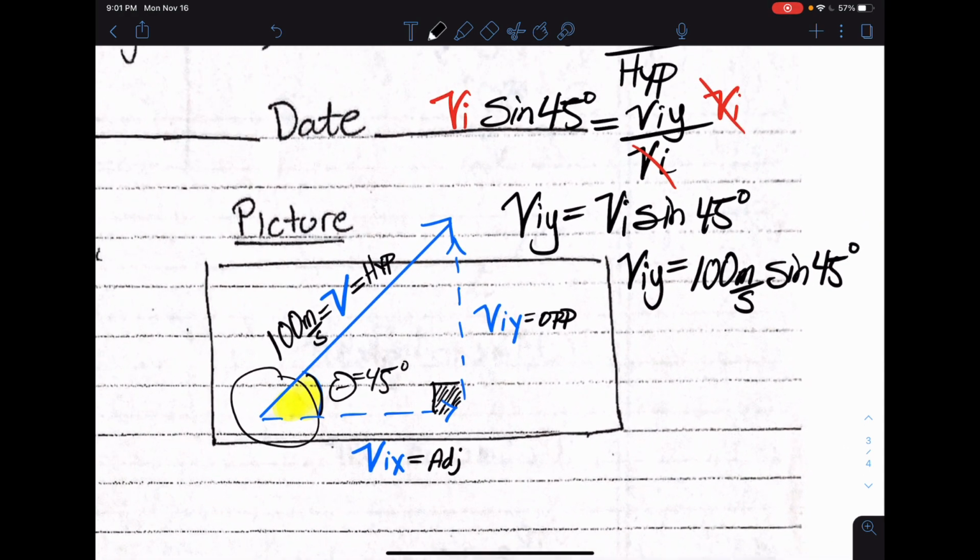Once again, make sure you're in degrees, as radians will give you the wrong answer. Sine 45, I think, is square root 2 over 2. So we end up getting 70.7. We'll go one more digit there. 70.71 meters per second for Viy.